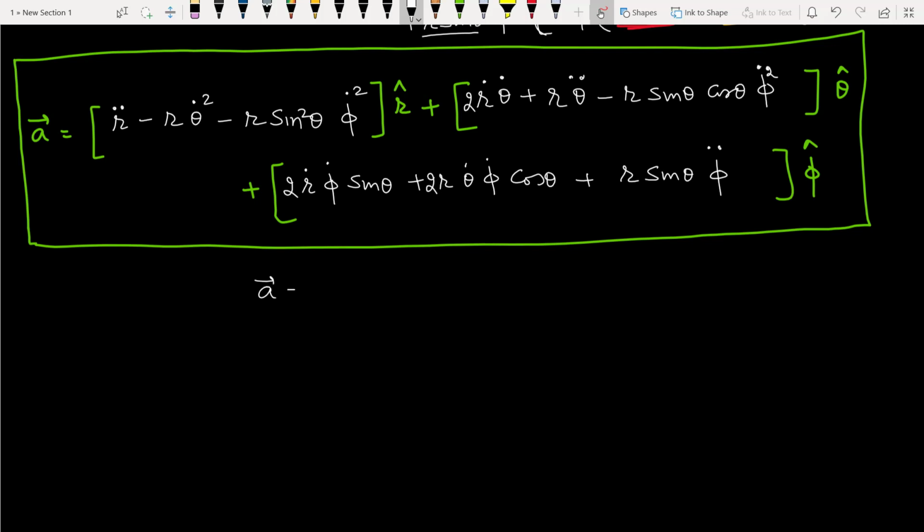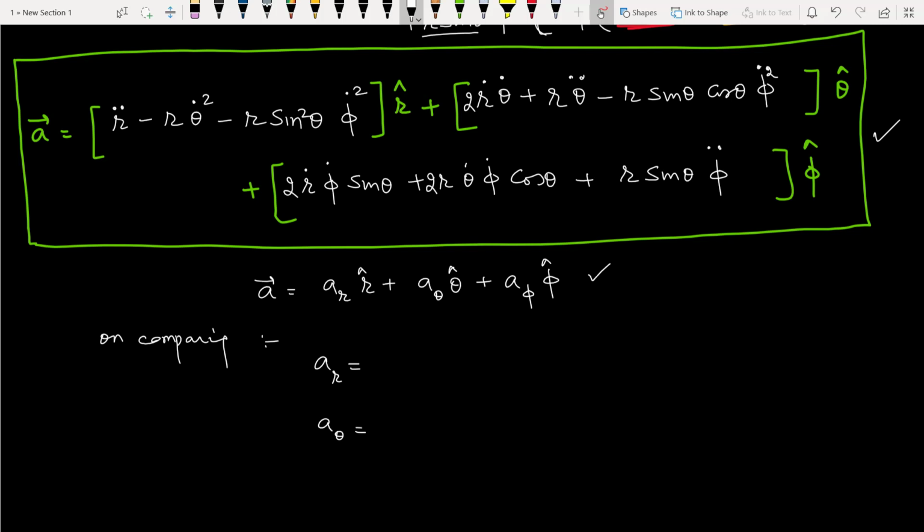So acceleration can be written as A r, radial component, A theta, component of acceleration along second unit vector, A phi, component of acceleration along third unit vector. And when we compare these two equations, on comparing we get A r, A theta, A phi, the three components of acceleration. So first component is r double dot minus r theta dot square minus r sine square theta phi dot square.